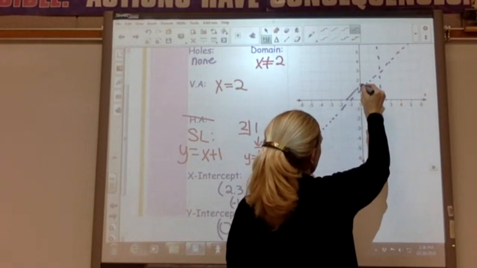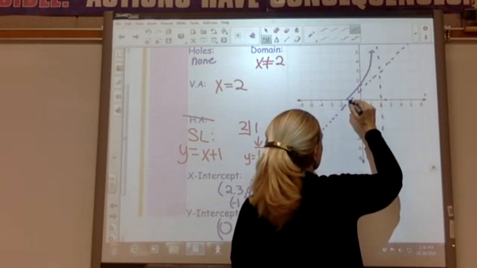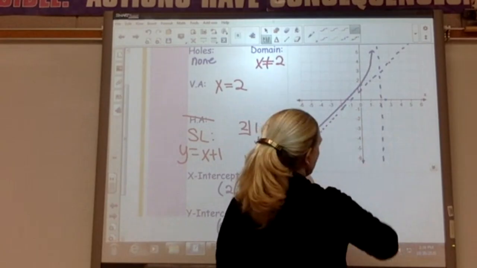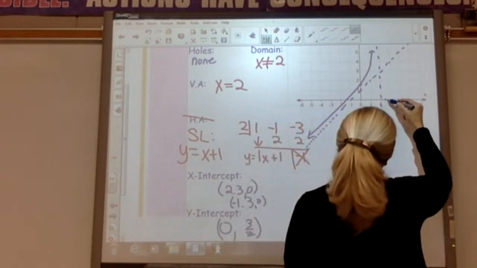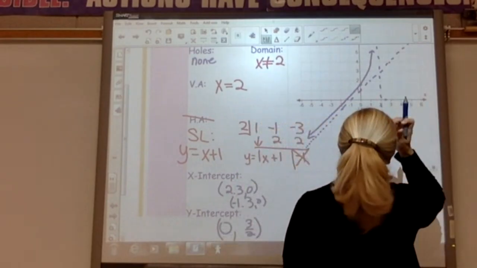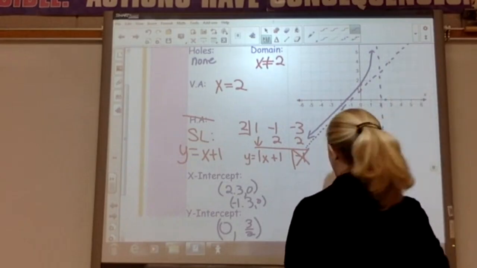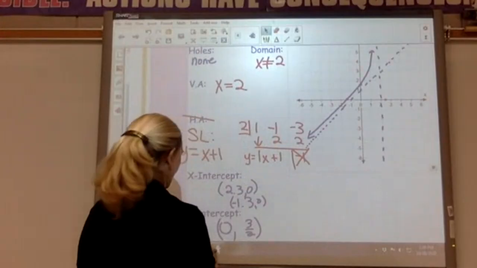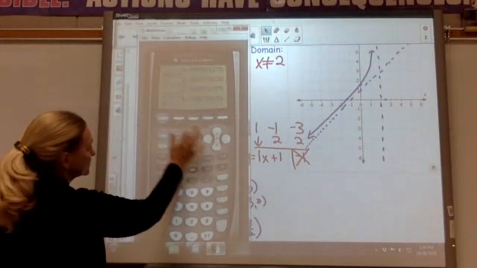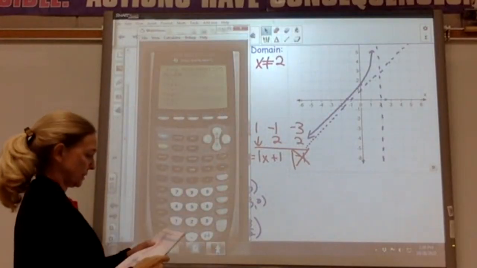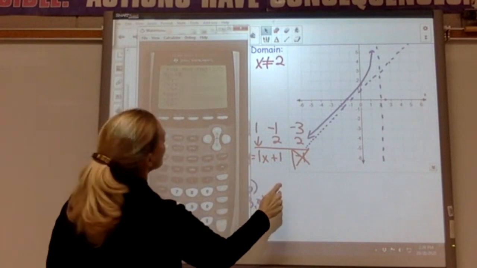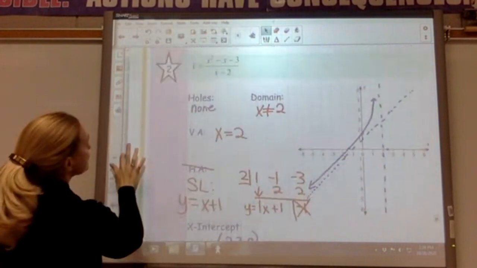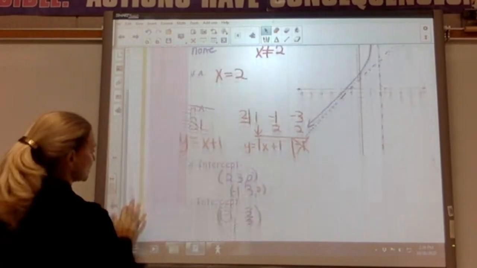I can tell that this is going to be coming up here. I know it's going to have big asymptotes. Okay. And then I have this point here, but really that's not hardly enough to let me know more about how to draw this. So I'm going to pick some more points. So I'm going to go to y equals and type this in. All right, so this problem was x squared minus x minus 3.